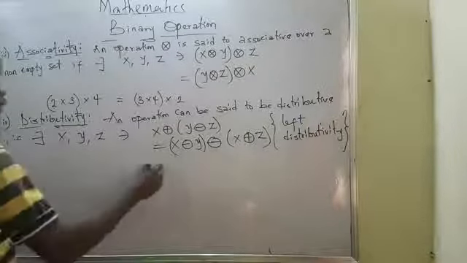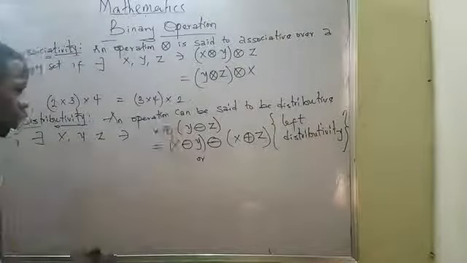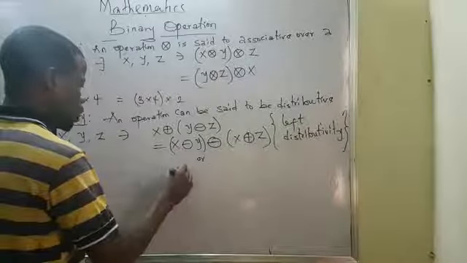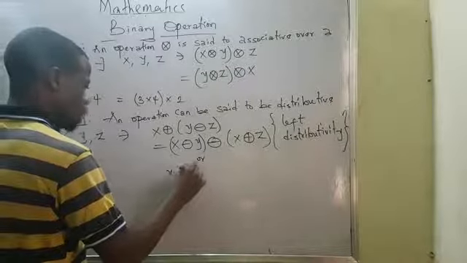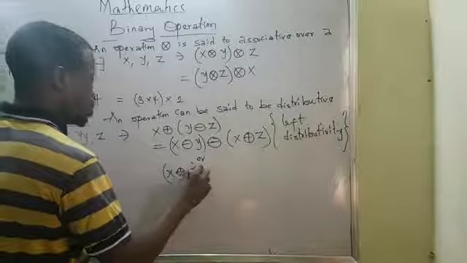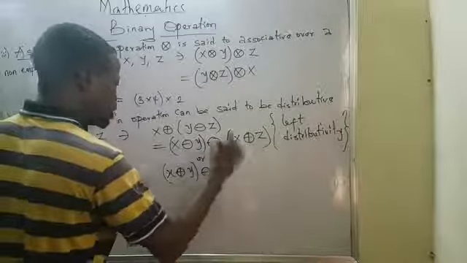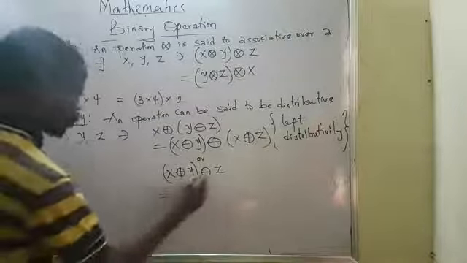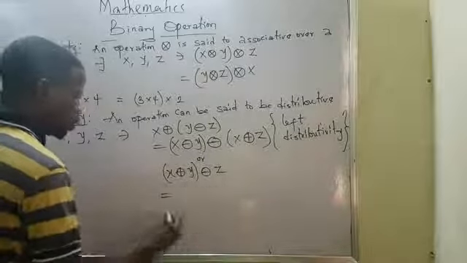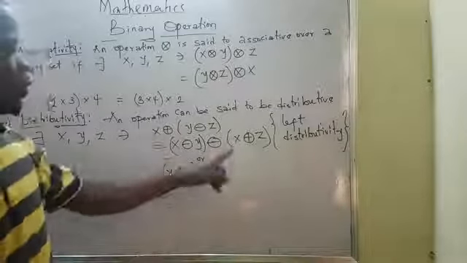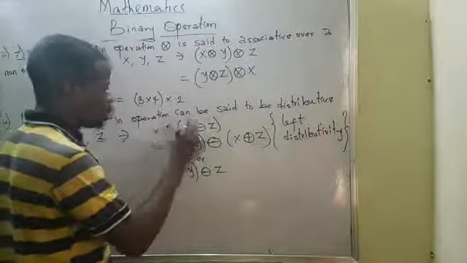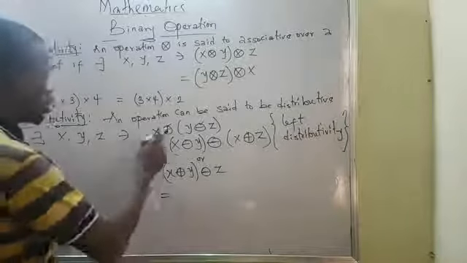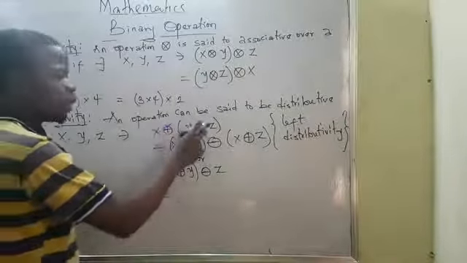You can have it this way, or you have x, you are still having this as y, then you have this as z. Do you get? So this means this symbol is distributive over this symbol. You get? So this operation is distributive over this operation.